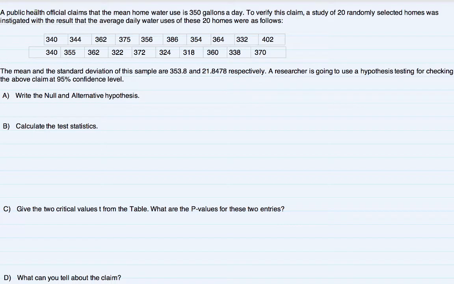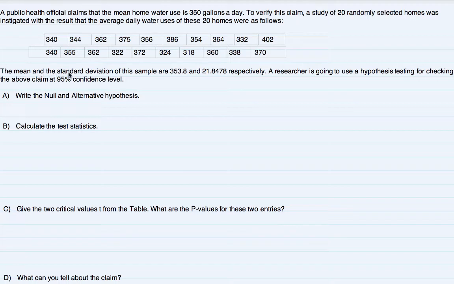A public health official claims that the mean home water use is 350 gallons a day. To verify this claim, a study of 20 randomly selected homes was instigated, with the result that the average daily water uses of these 20 homes were as follows.